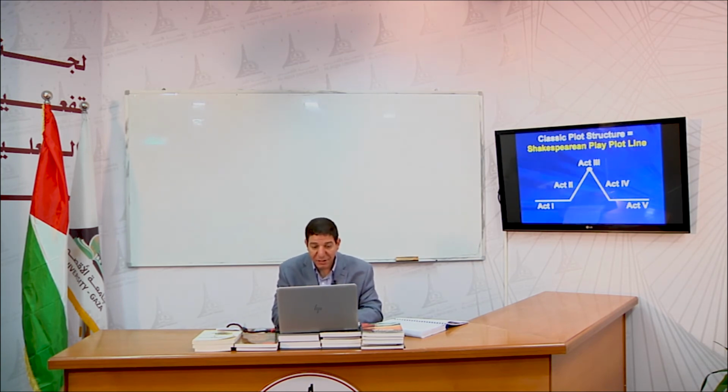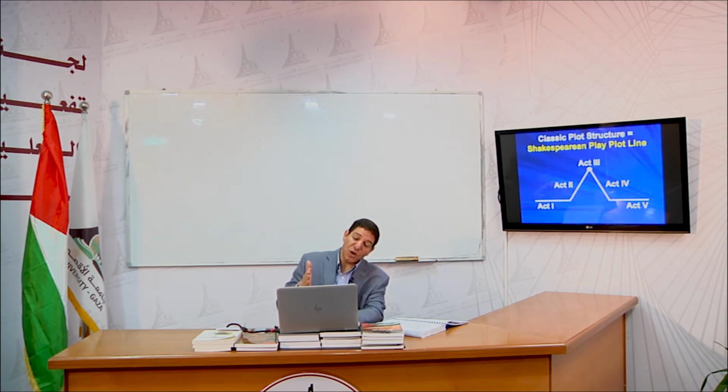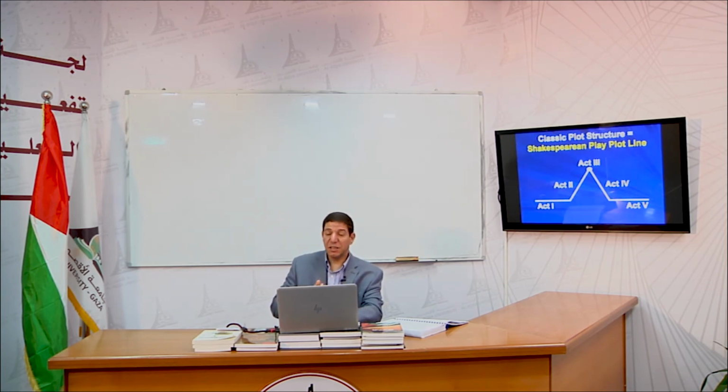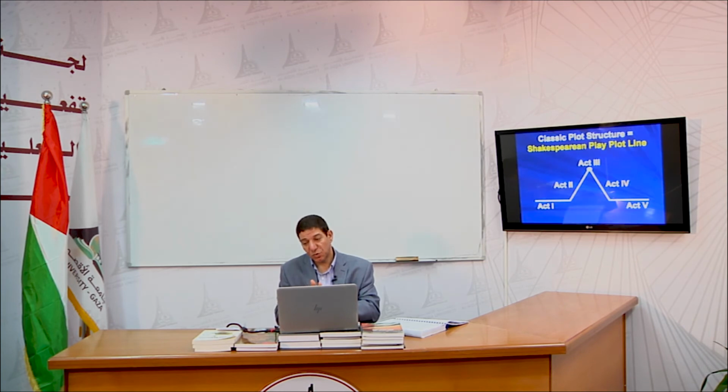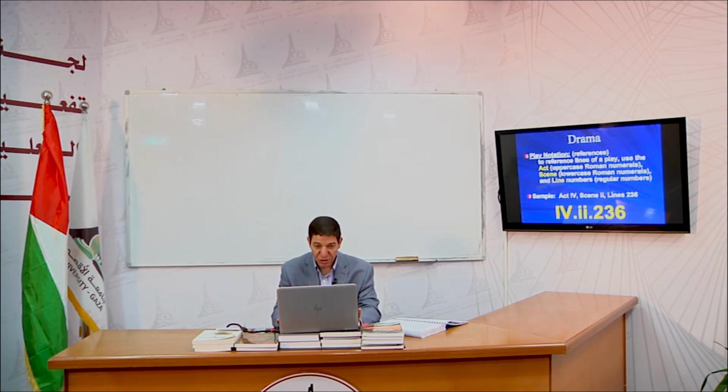So we have these acts. In fact, towards Act 3, you have the climax where the divergence happens, whether to identify the play as a tragedy or as a comedy. Act 3 of a Shakespearean play will reveal whether the play is a comedy or a tragedy.